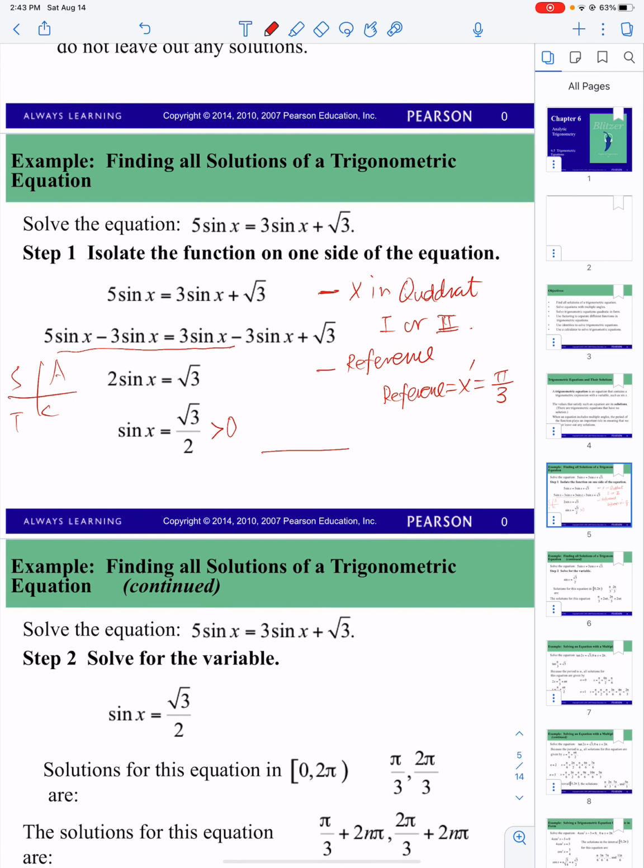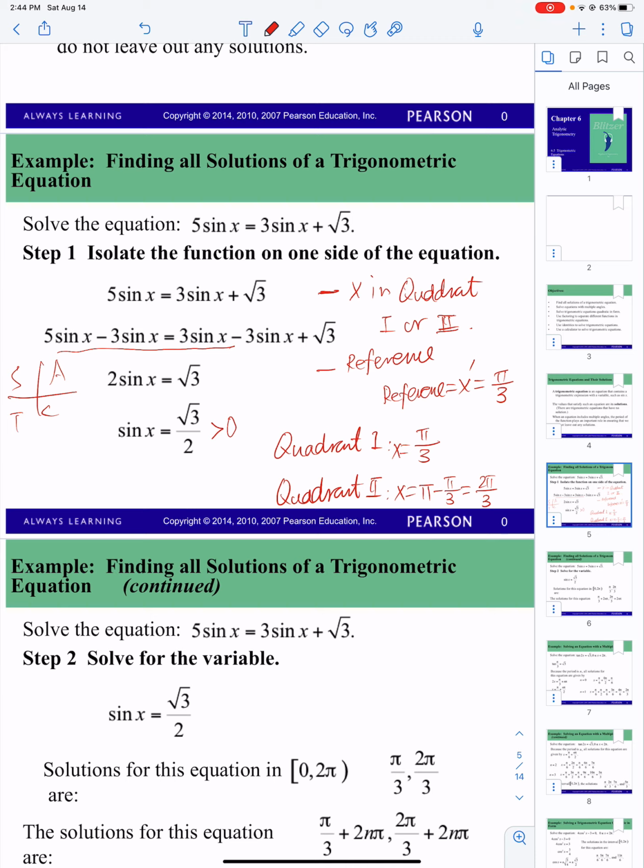In quadrant 1, the angle will be pi over 3. In quadrant 2, x will be pi minus pi over 3, which equals 2 pi over 3. Are you with me? Okay, so are we done?